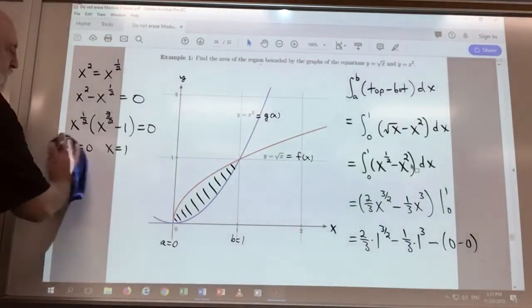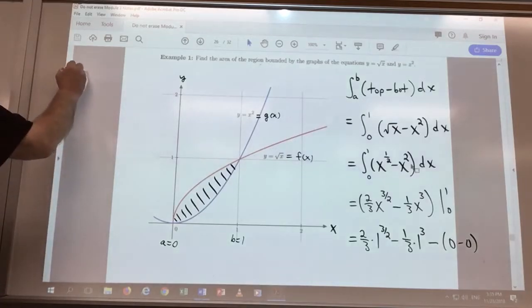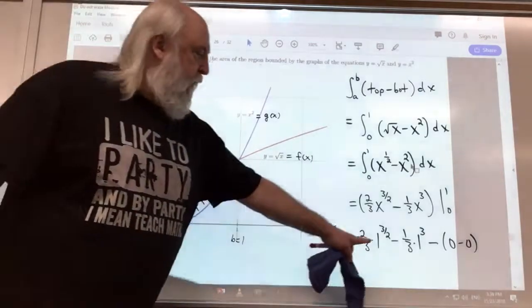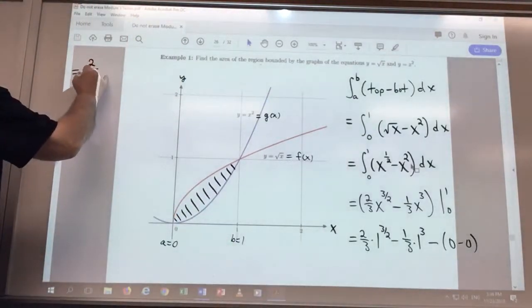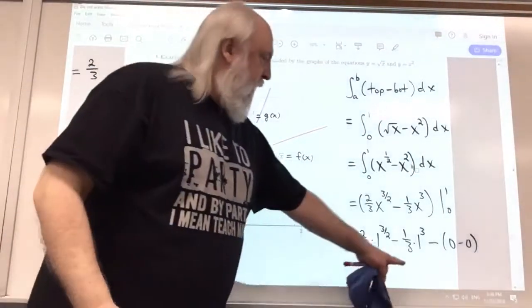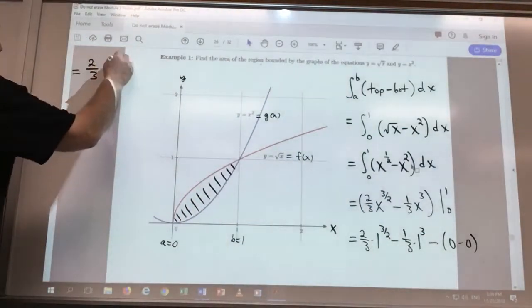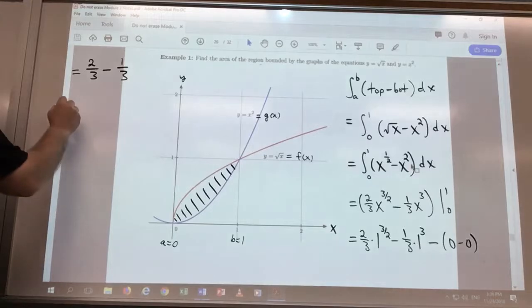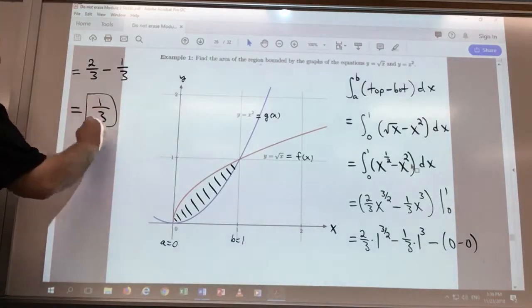Now you have to do the arithmetic. 1 to the 3/2 is 1, so we end up with 2/3 in that first term. And 1 cubed is 1, and 1/3 times 1 is 1/3. So we have 2/3 minus 1/3, which is 1/3.